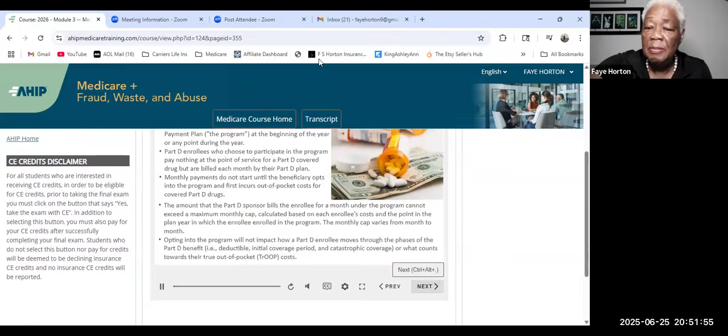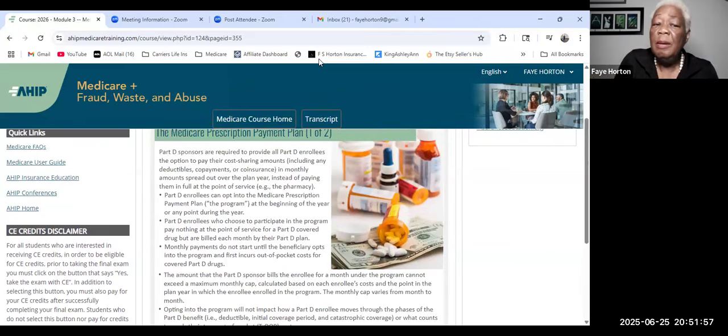Medicare prescription payment plan. Part D sponsors are required to provide all Part D enrollees the option to pay their cost-sharing amounts, including any deductibles, copays, or coinsurance, in monthly amounts spread out over the plan year, instead of paying them in full at the point of service at the pharmacy.